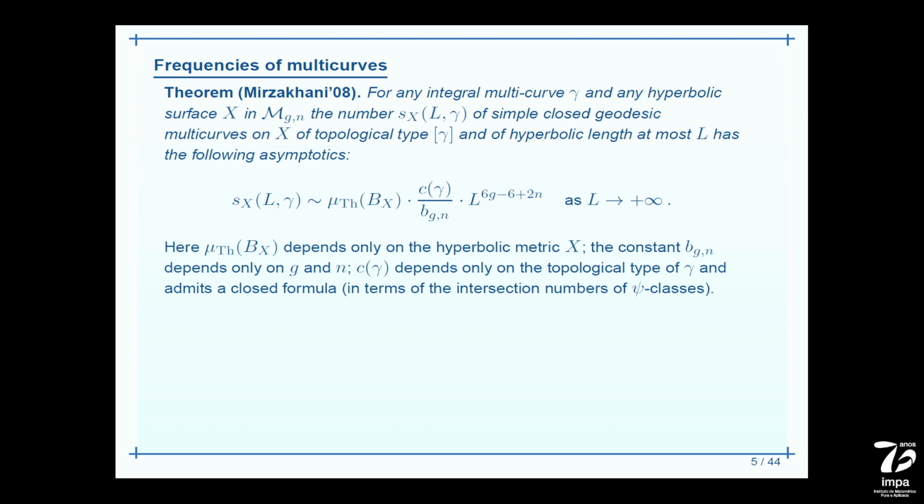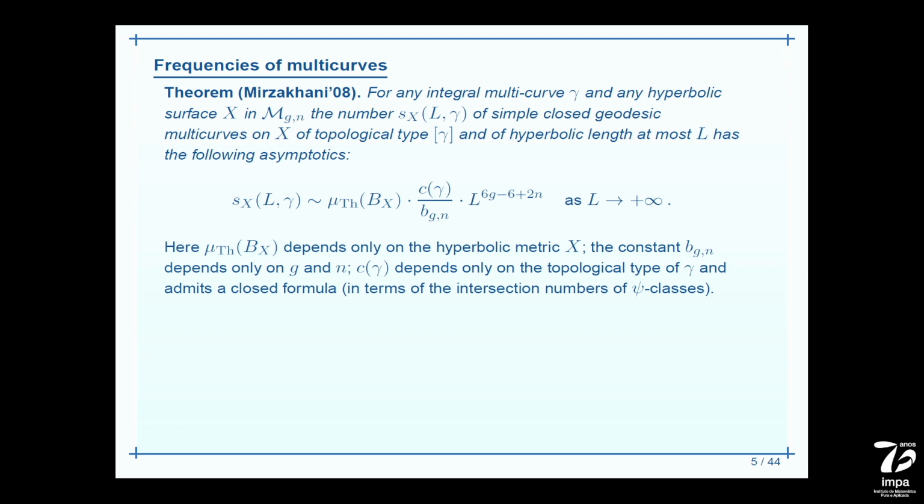There is a part, this C of gamma, which depends only on topology. There is a part which depends only on the metric and doesn't know anything about the topological type of the multi-curve. And there is a global coefficient which depends only on the genus and on the number of cusps. And actually, these C of gamma are computable in terms of some intersection numbers. We'll come back to this later.